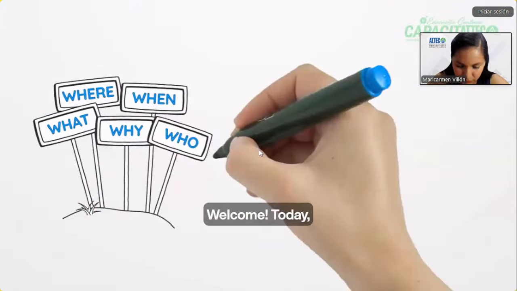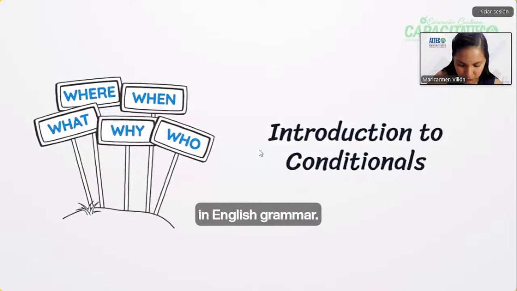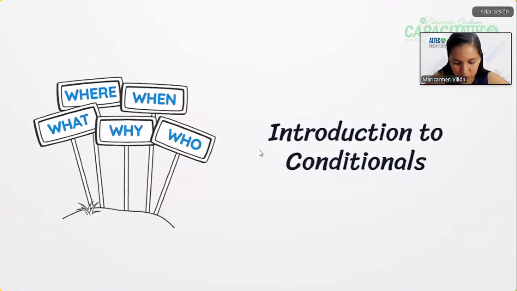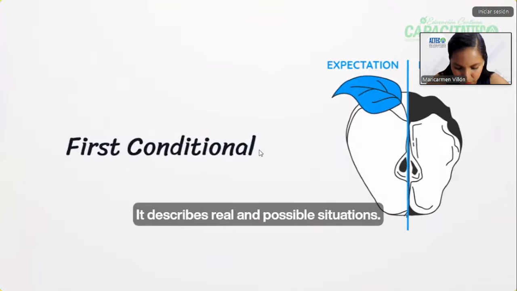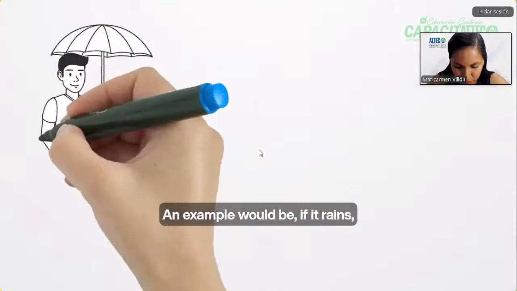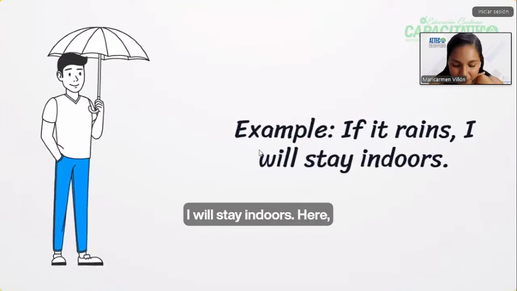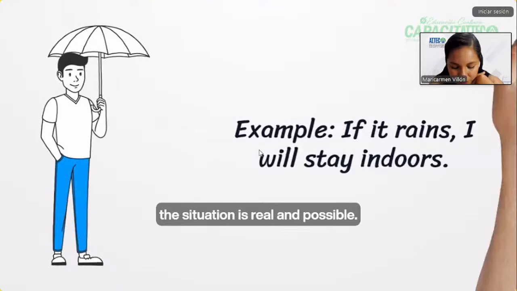Welcome. Today, we'll explore first and second conditionals in English grammar. These are essential for constructing conditional sentences. Let's start with the first conditional. It describes real and possible situations. An example would be, if it rains, I will stay indoors. Here, the situation is real and possible.